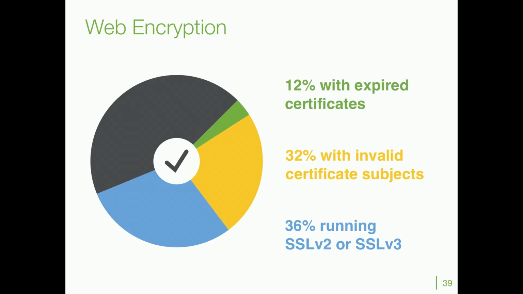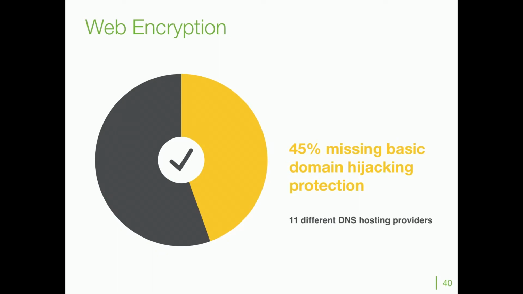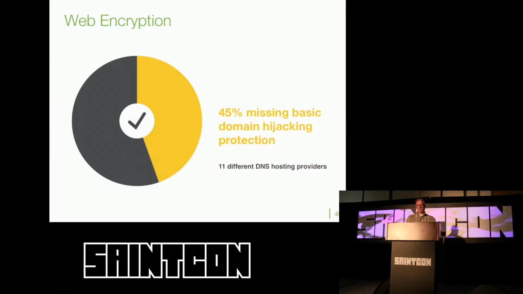In looking at their web encryption, 12% of those sites that we discovered were running with expired certificates. 32% had invalid certificate subjects. 36% were running on old versions of SSL, which had known exploits out there for them. 45% of their DNS configurations were missing just basic domain hijacking protection.